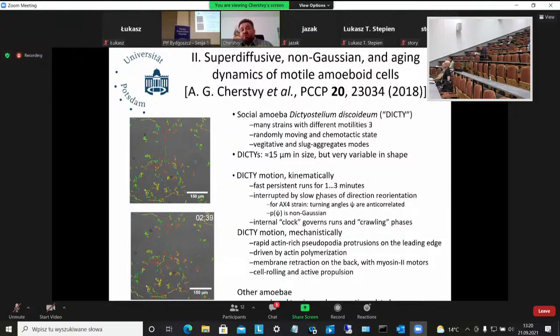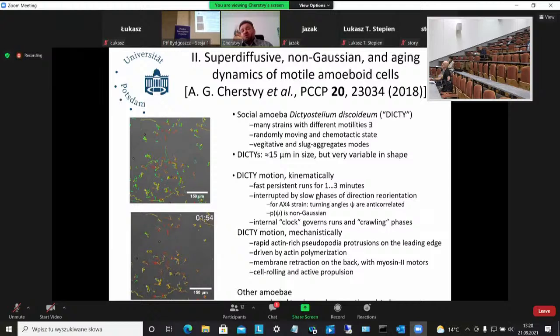Kinematically, these cells run straight for a couple of minutes, and then, due to the internal clock incorporated in cells, they turn at arbitrary angles and continue their active motion. And this motion is triggered by actin polymerization.